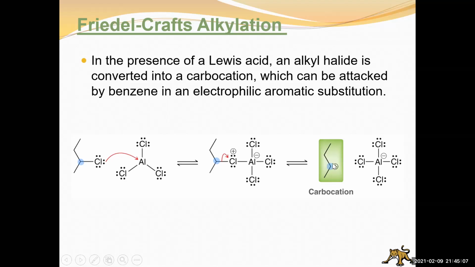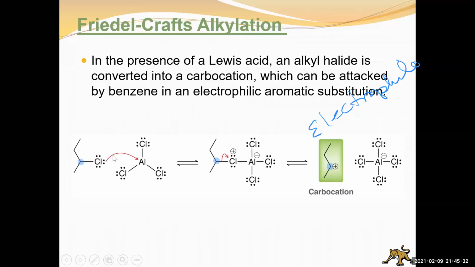And once you have the carbocation, then it's ready to do the electrophilic aromatic substitution step. This step precedes it. It gets it ready for it. It's what makes the carbocation. The carbocation is the electrophile. Right, just having an alkyl halide isn't necessarily an electrophile.